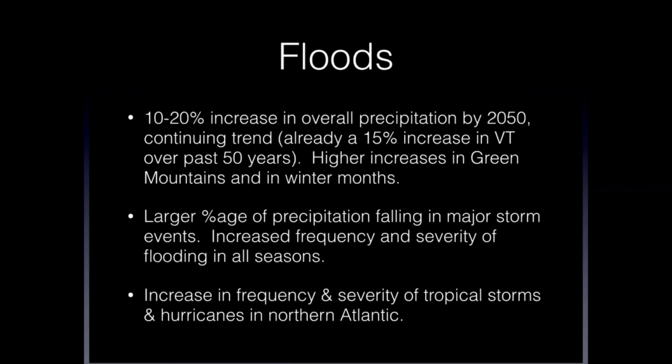And so to think very clearly about regeneration rather than just mitigation is really helpful when you think about the trends that are likely to happen over time. These major storm events are going to happen because they've happened with increasing frequency in Vermont, and a lot more in the northern Atlantic. There are ways of thinking about how to deal with floods well in advance, and a lot of it has to do with regenerative practices. Next slide.